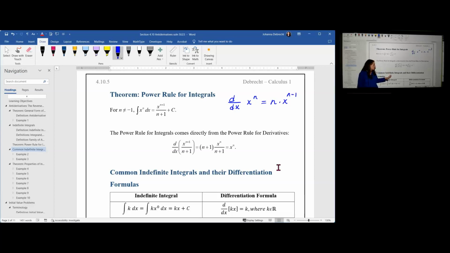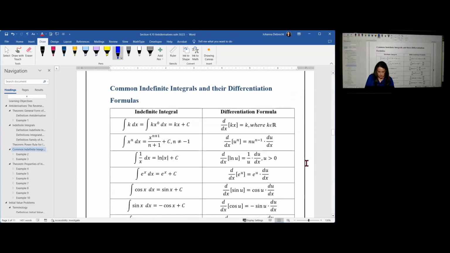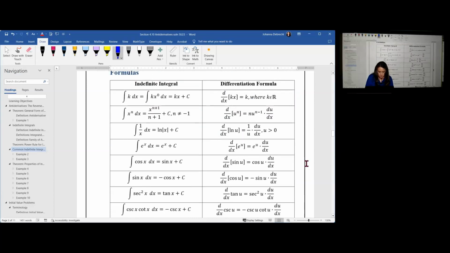Now I want to give you some of the common formulas for the indefinite integral and also their derivative forms. Let's take a look at these now. If I want to undo the derivative on something that is a constant, k, it means I'm going to have to find a function whose derivative gives me k.